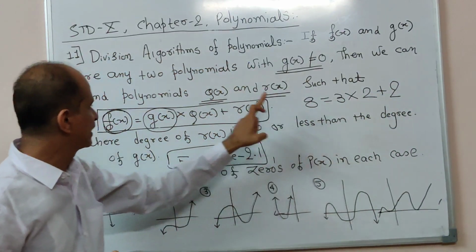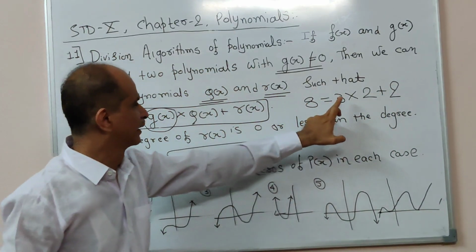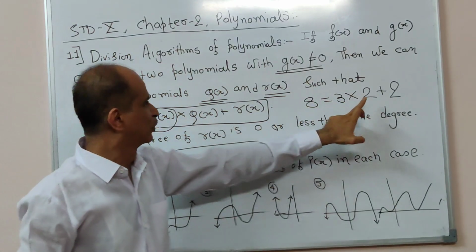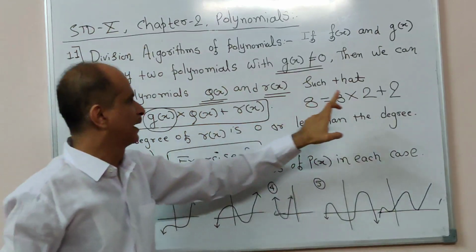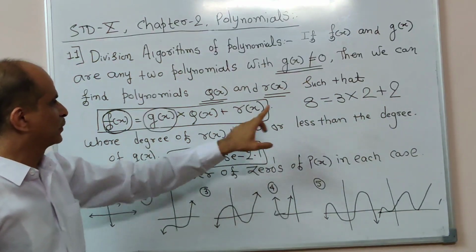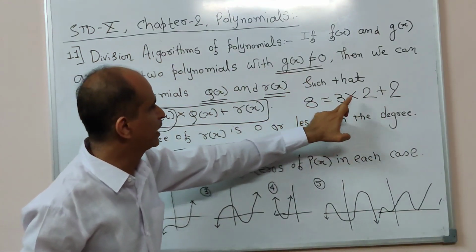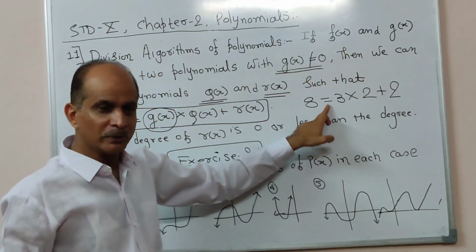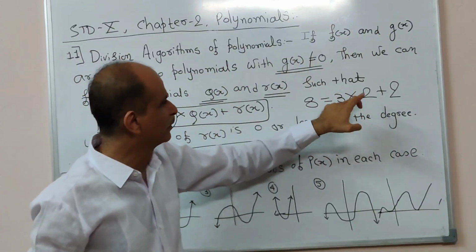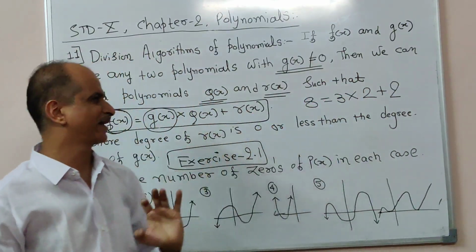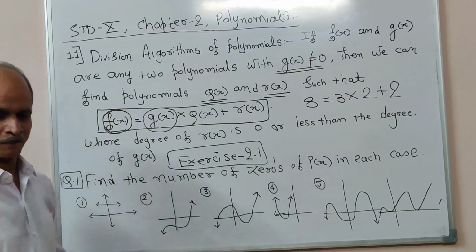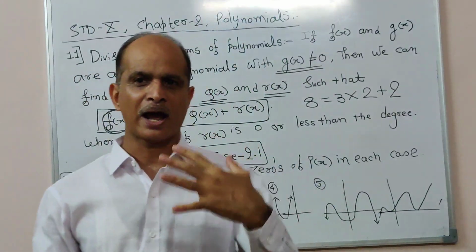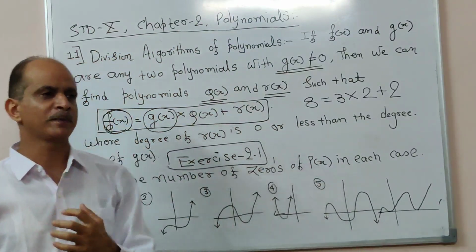Here 8 is f(x), you are dividing 8 by 3 so 3 is g(x), 2 is your quotient and 2 is your remainder. So you can write 8 is equal to 3 into 2 plus 2. Dividend is equal to divisor into quotient plus remainder. And this concept of mathematics is known as the division algorithm of polynomials.